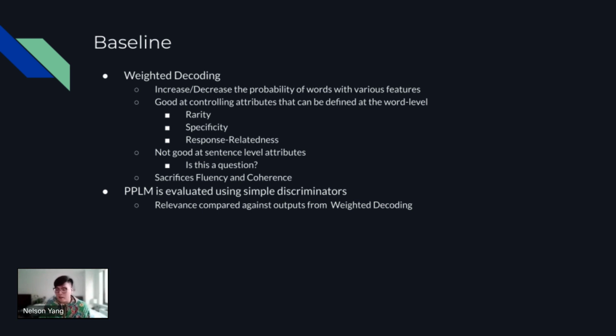That would require the entire sentence to determine. Weighted decoding is able to generate sentences that are more relevant to the prompt, but sacrifices fluency and coherence to do it. Again, weighted decoding is used as the baseline to compare against PPLM. The main metric used is relevance, and it's measured using simple discriminators.